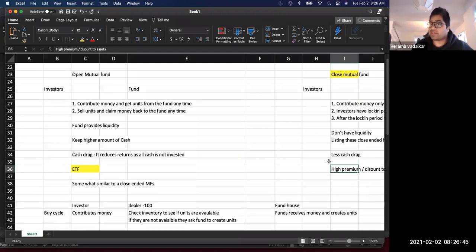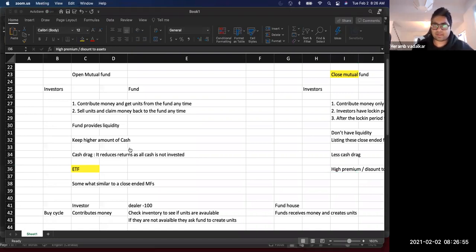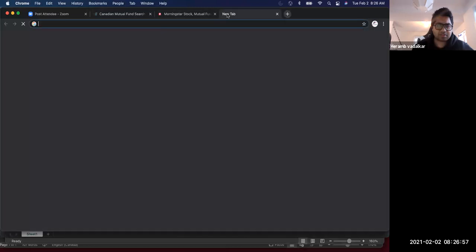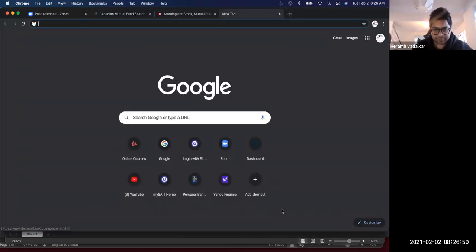So even though liquidity is there, because close-ended mutual funds trade on exchanges, they do trade at a high premium or discount. An example would be a very good close-ended mutual fund that is listed.